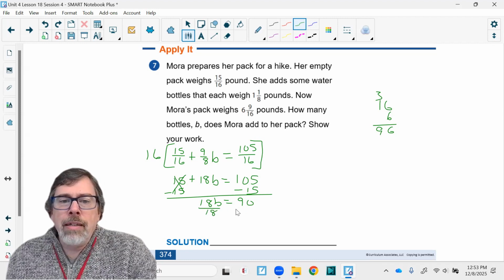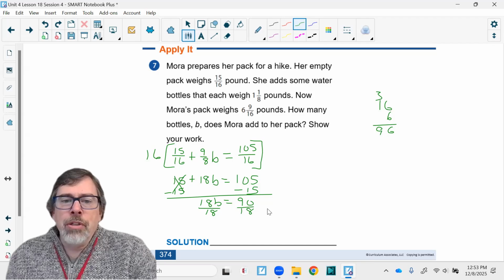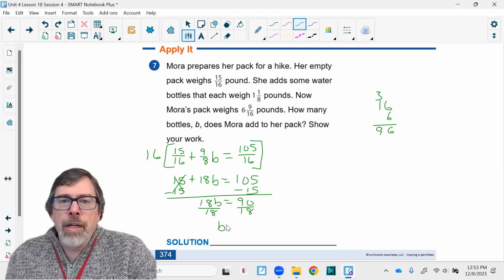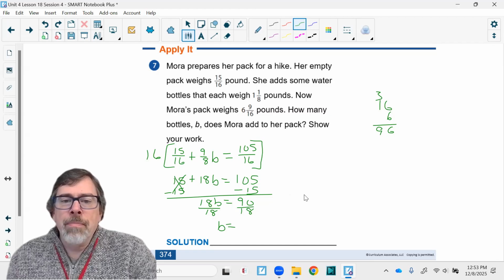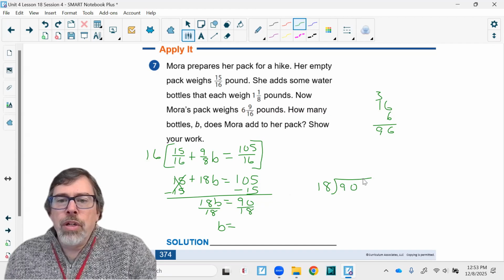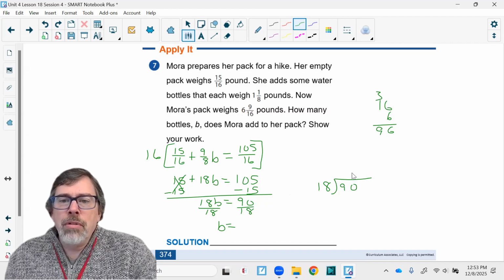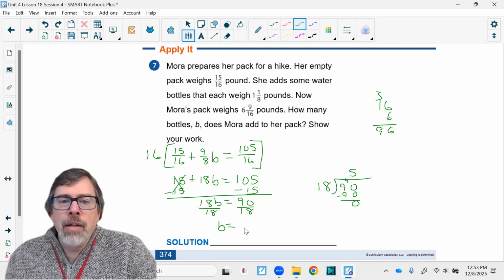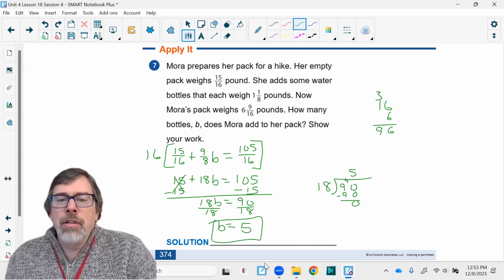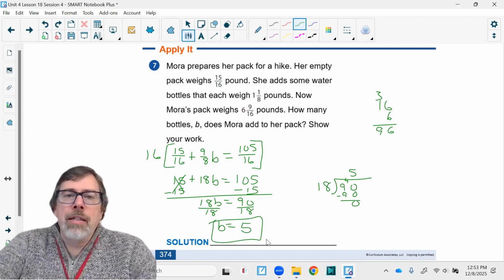Divide by 18, divide by 18, and we find out how many bottles she has. So 18 goes into 90: 20, 40, 60, 80, 100, 5 times. 5 times 8 is 40, carry the 4. 5 times 1 is 5, plus 4 is 9. No remainder. There it is. She has 5 bottles of water in her backpack.